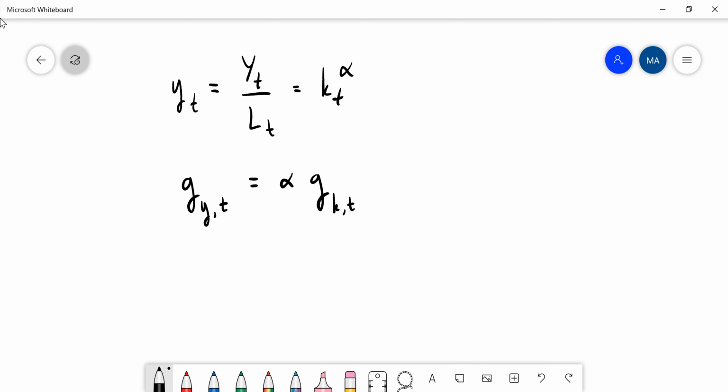So at any time, you can write the growth rate of GDP per worker, and it is equal to that variable.